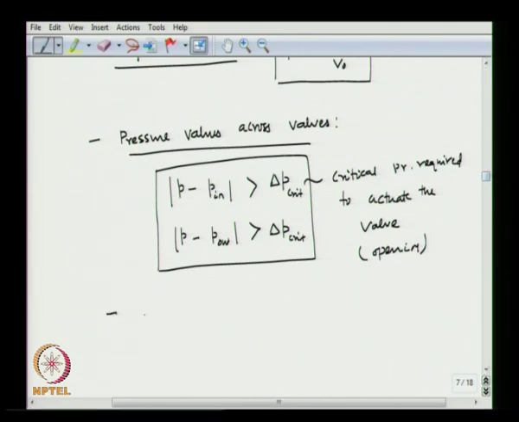Now for a gas pump we have an expression for the minimum compression ratio.